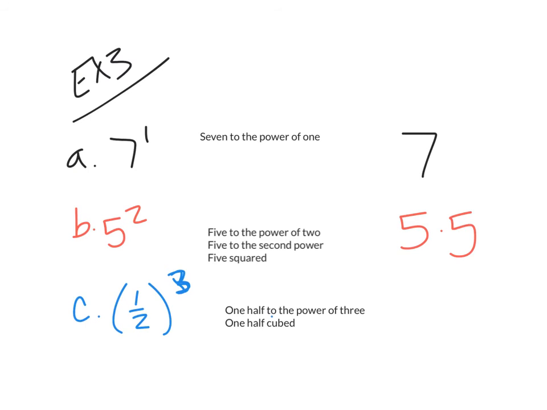Those are the only 2 that have shortcuts: squared and cubed. All right, so how would I write this as a product? Right, 1/2 3 times: 1/2 times 1/2 times 1/2. Good.